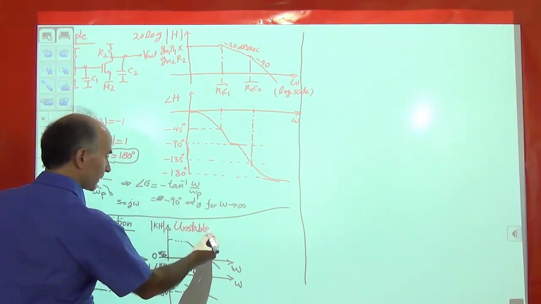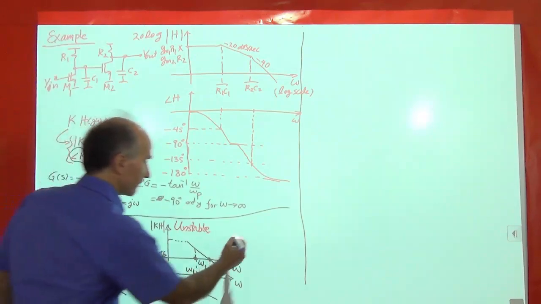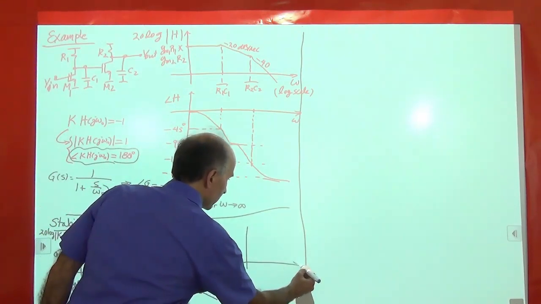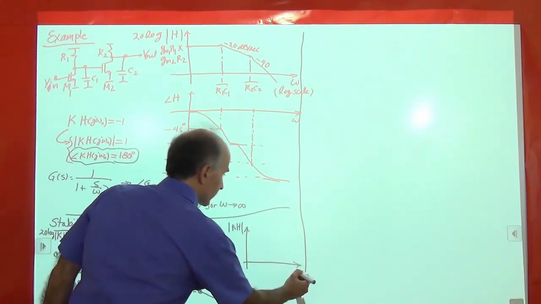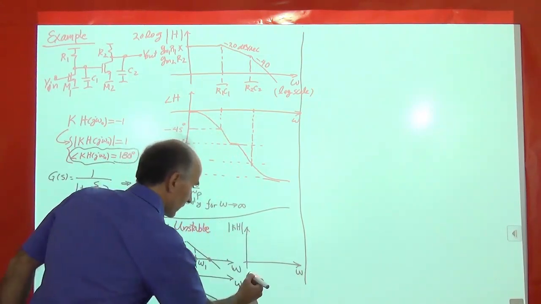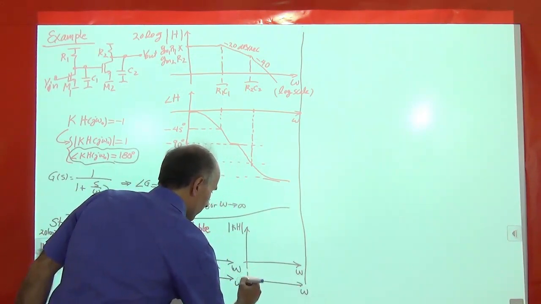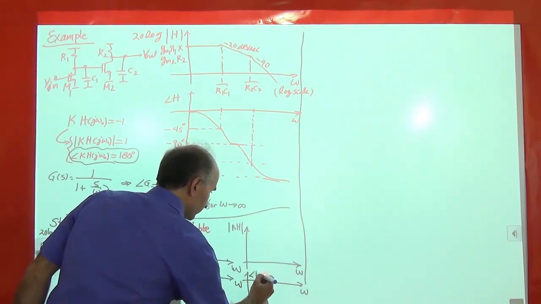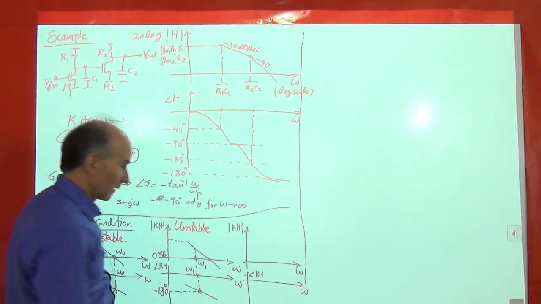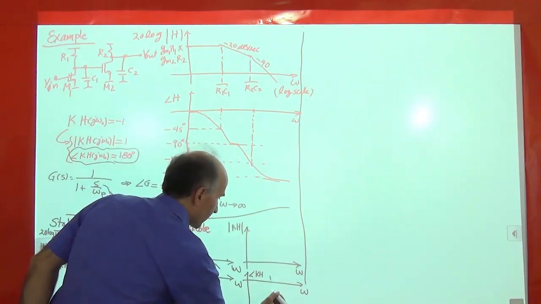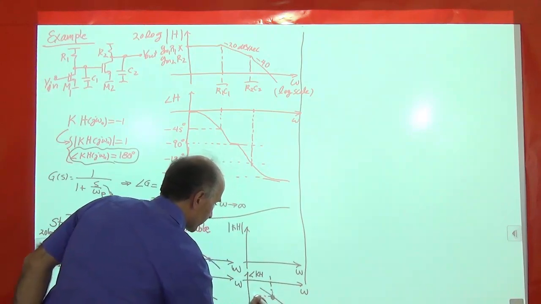Okay, so now we consider the third scenario, and hopefully that scenario is stable, right? So let's see. Here's, again, the magnitude as a function of omega, and then the phase as a function of omega. And this time I'm assuming the following. So at some frequency, the phase reaches dangerous levels, minus 180 degrees.